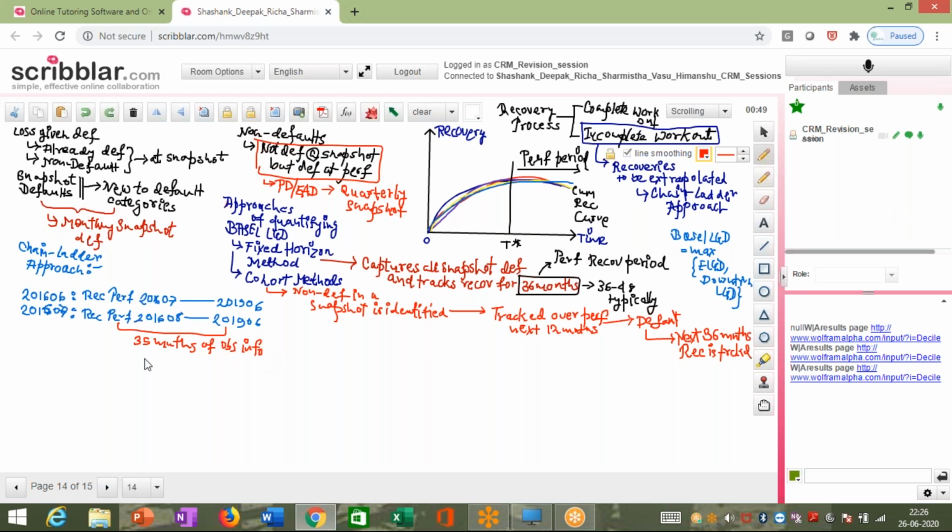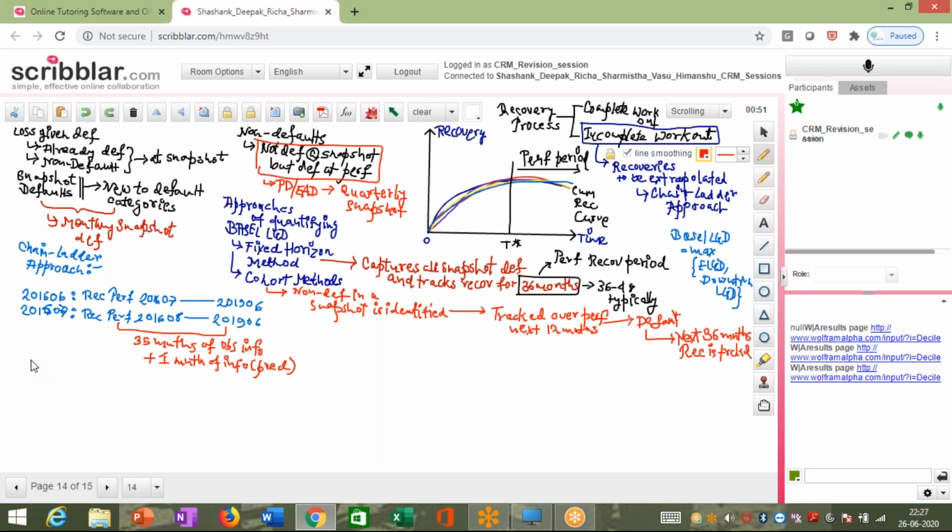Similarly, accounts which would go into default in 2016-08 will have 34 months of information. Accounts which default after that will have 33 months of information, and like this it will go on until you just have 1 month of information left.